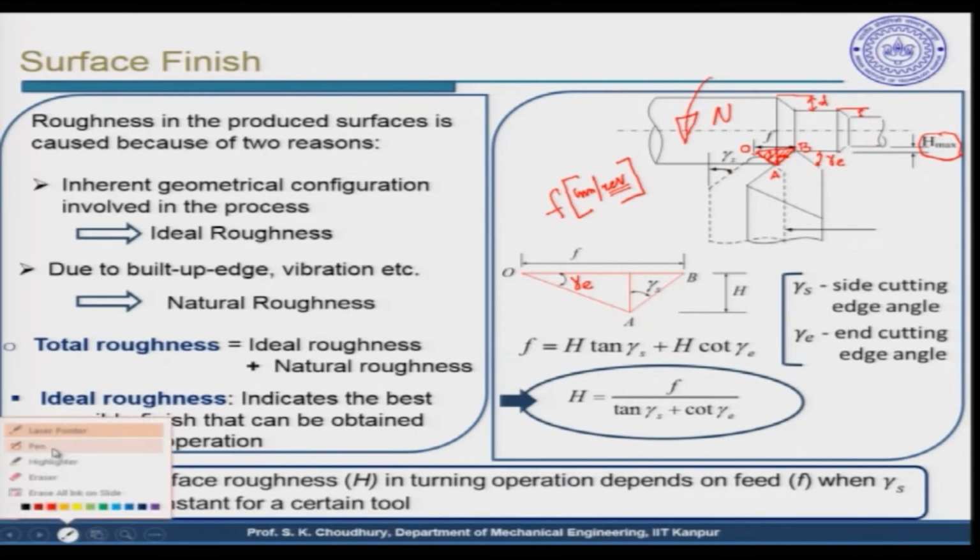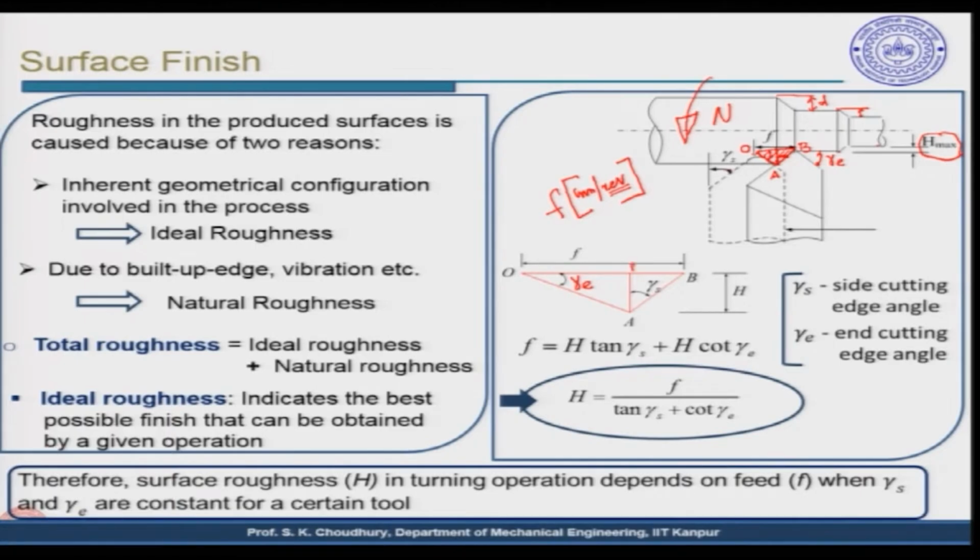Let us call that AN. The surface roughness value can be found from this triangle, where AN is the value of the surface roughness, OB is the feed value, and the angles are the side cutting edge angle and the end cutting edge angle.